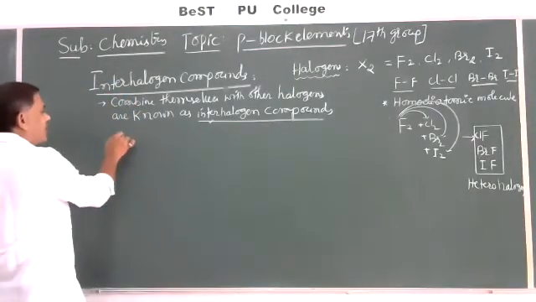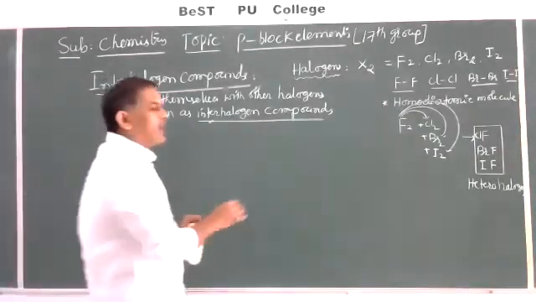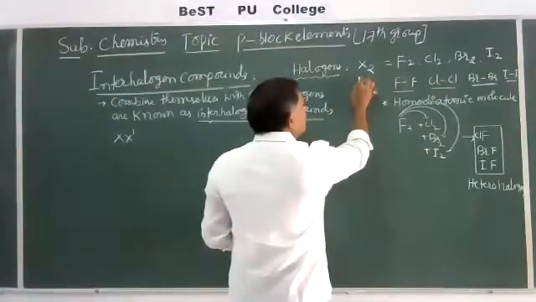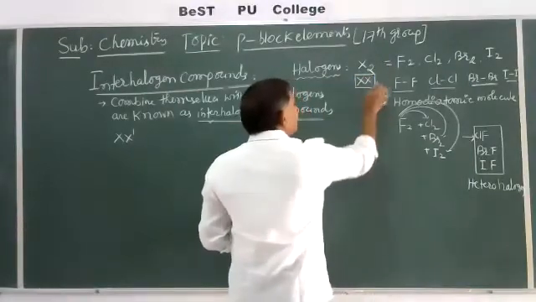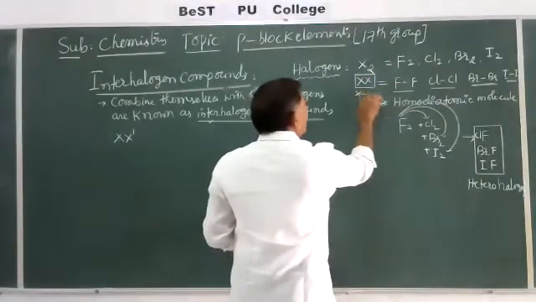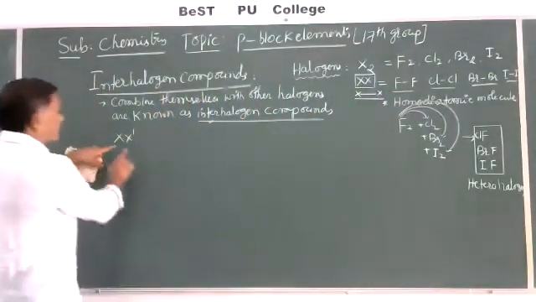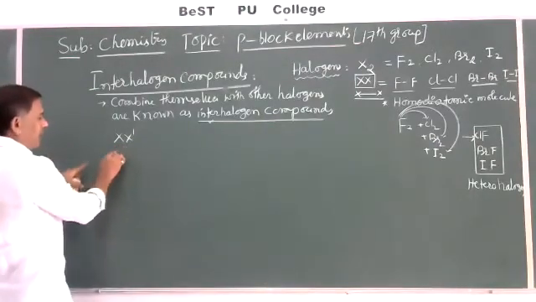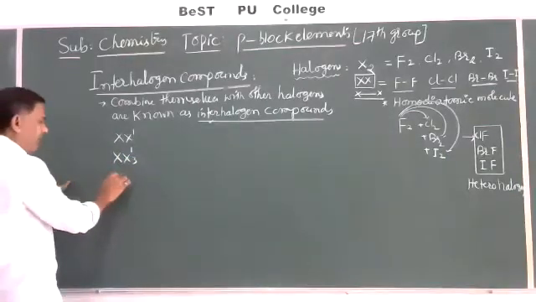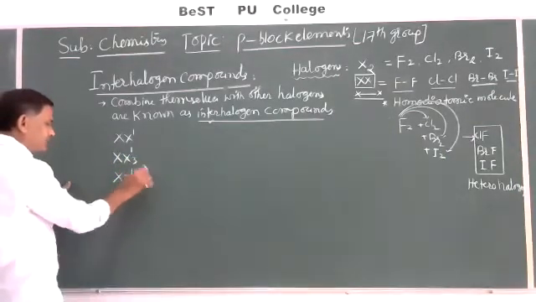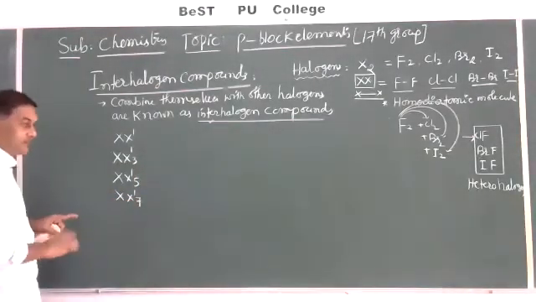They are generally XX'. We know halogens are denoted by X2, meaning both atoms are the same. That's why we can take XX, with a covalent bond between X and X. Similarly, XX' 3, XX' 5, XX' 7, and not more than that.